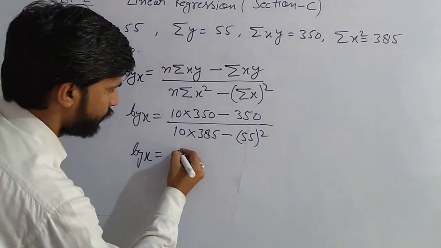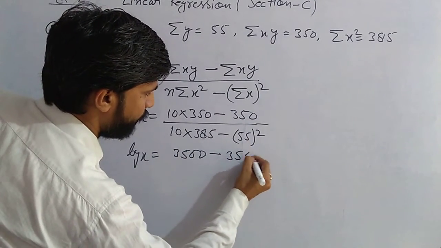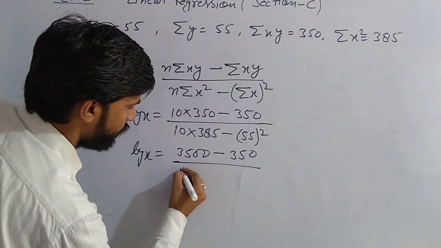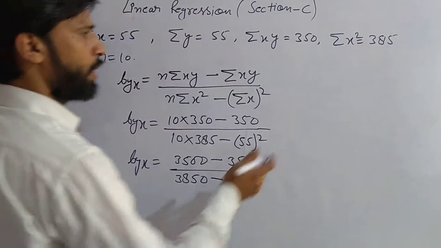Byx is equal to 3500 minus 350 upon 3850 minus square of 55.